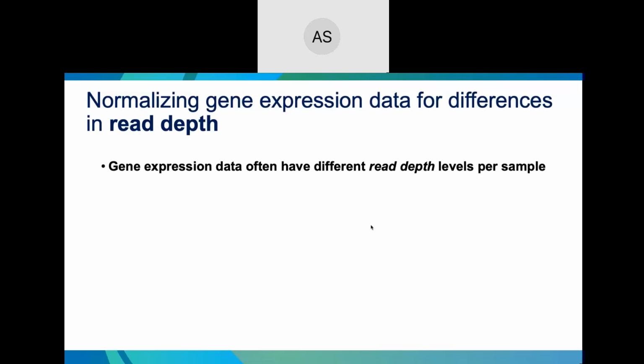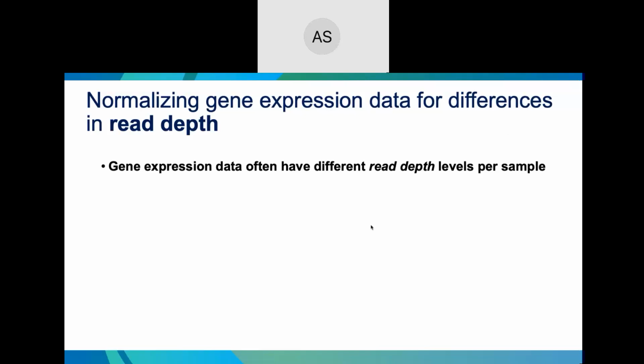What are the statistics that are appropriate specifically in a gene expression data analysis? One of the very important steps that we need to take with gene expression data is to normalize them for differences in read depth across different samples.